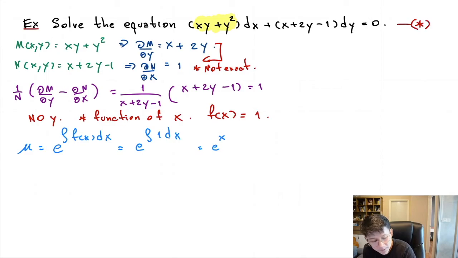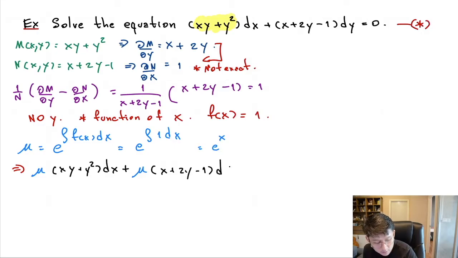So what we have is mu times (xy plus y squared) dx plus mu times (x plus 2y minus 1) dy equals 0. Okay.